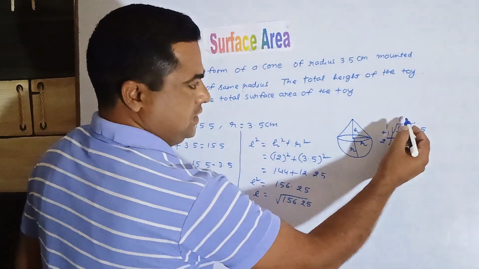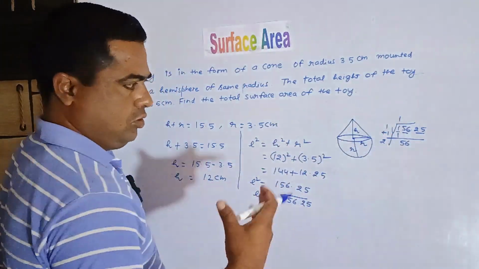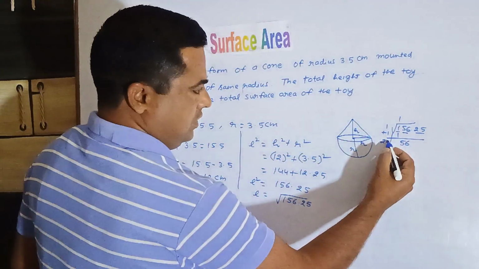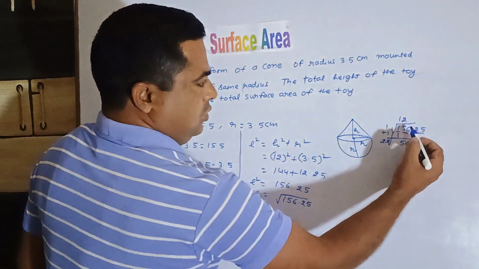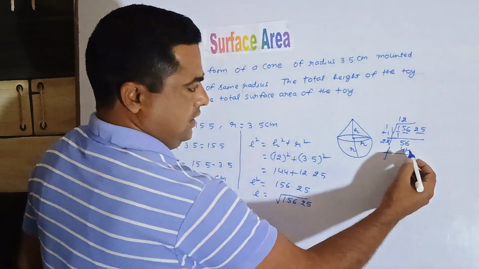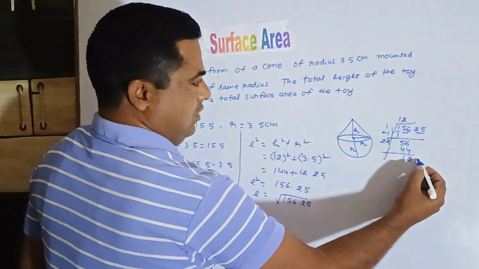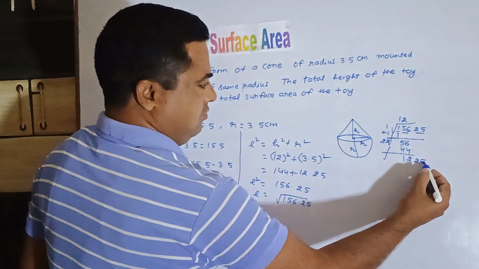We write a number, the same number, here, and after multiplying, this number should not be greater than 56. We are writing 2, 2 times 2 is 4, so this will be 44. Now subtracting, we get 12. And now we bring down the next pair, 25.